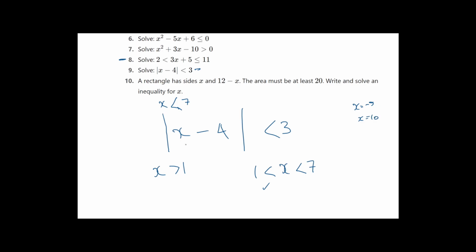So 10 minus 4 is 6. 6 is definitely not less than 3. So therefore that cannot be the case. So our number is x must be somewhere not equal to 1 and 7.